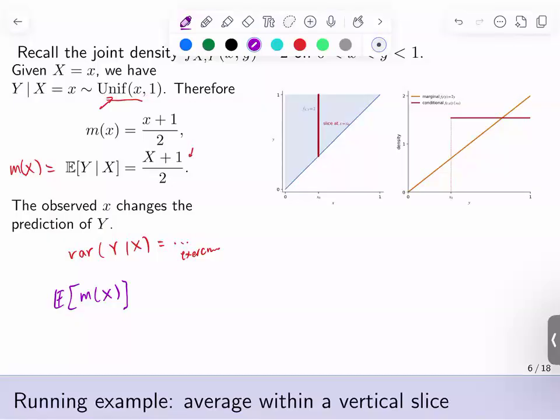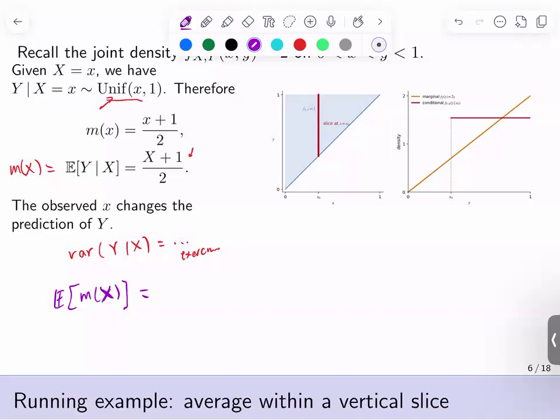There's this law of the unconscious statistician or something like that. How do we compute? Anyone? It's a function of x.